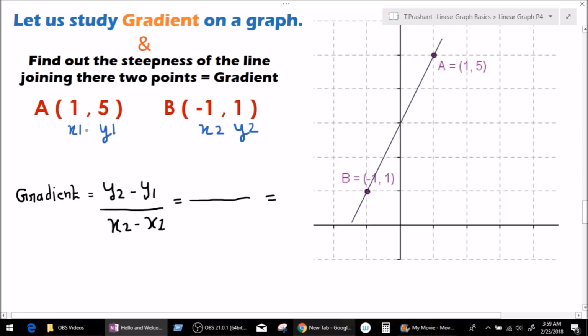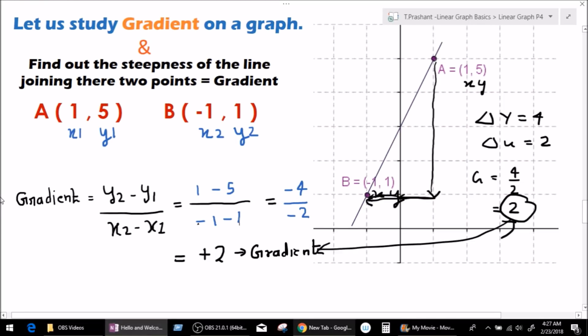Now since we know x1, y1, x2 and y2, we can substitute the values into our formula. y2 minus y1 equals 1 minus 5, and x2 minus x1 is minus 1 minus 1. 1 minus 5 is minus 4, and minus 1 minus 1 is minus 2. Now minus divided by minus is plus, and 4 divided by 2 is 2. So 2 is the gradient of this line.